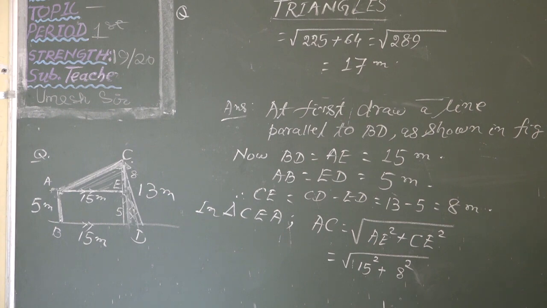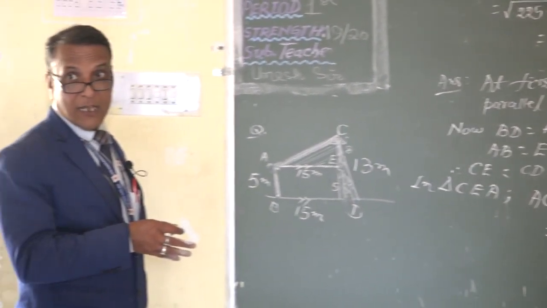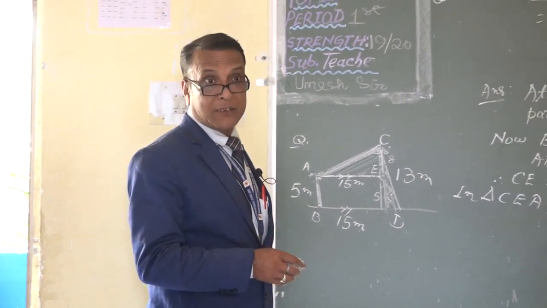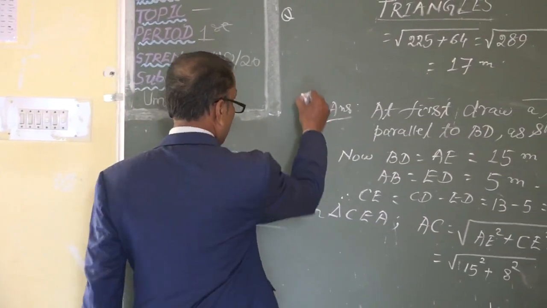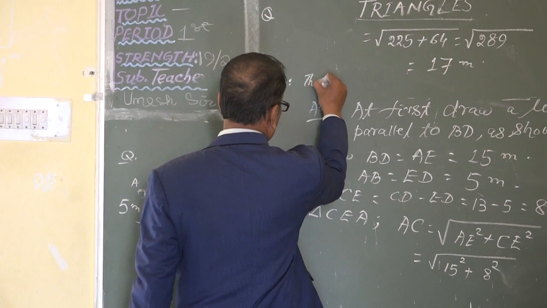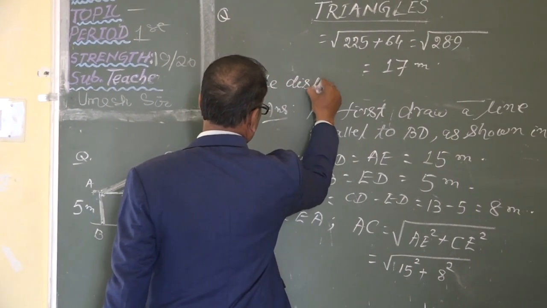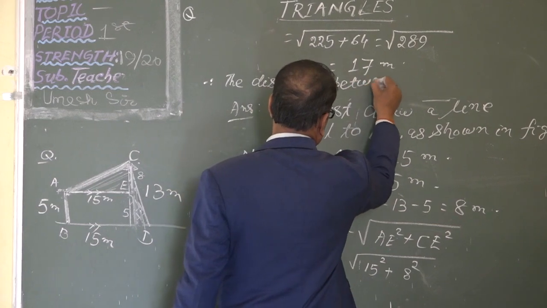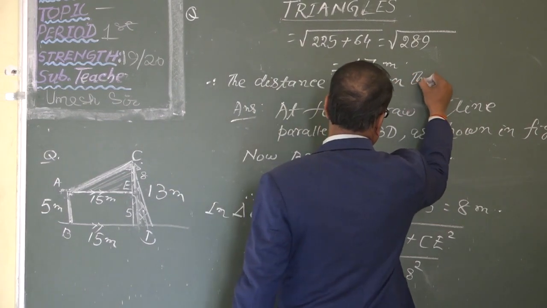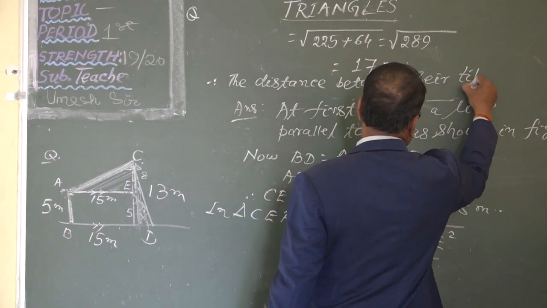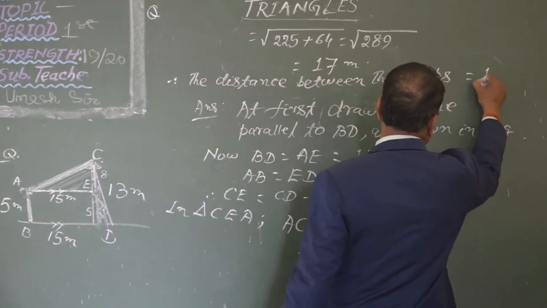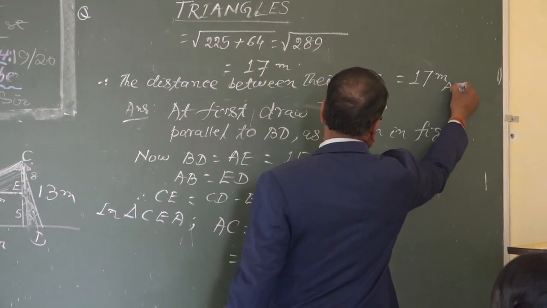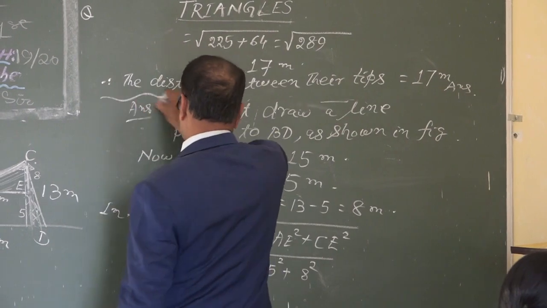Whatever I am doing, do practice properly inside the class. So therefore the distance between their tips is equal to 17 meter, and that's your answer.